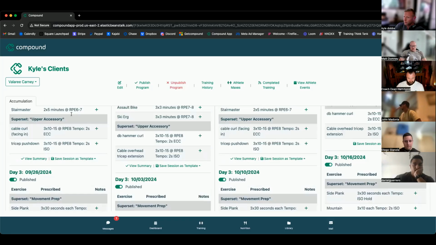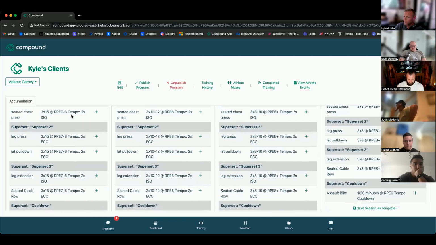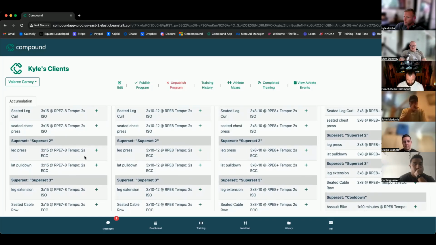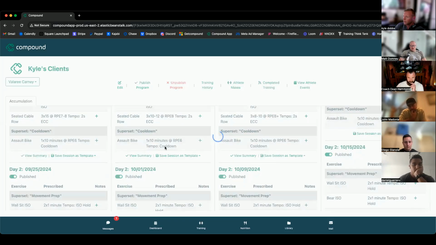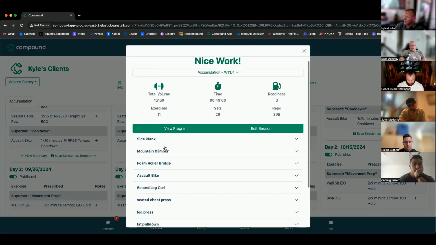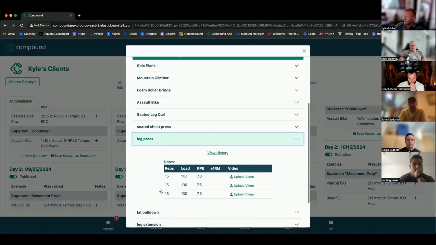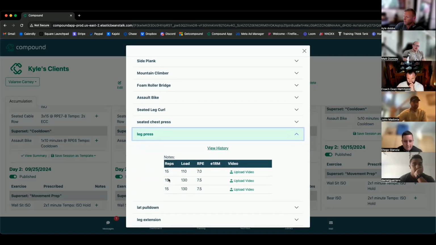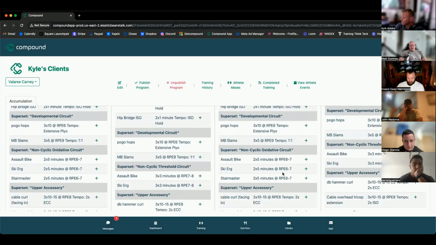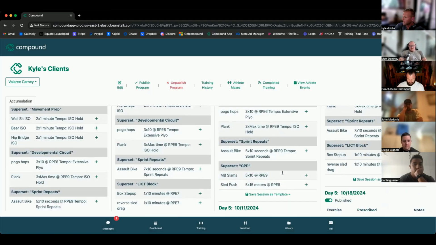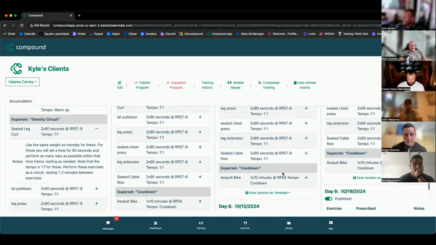I'm going to pick the leg press here from day 1. Keep in mind, she's on week 3 right now. We did 45 reps, about, we'll just call it 130. She did 110 on the first one. And we go to, I don't think she's done day 5 of week 3 yet.